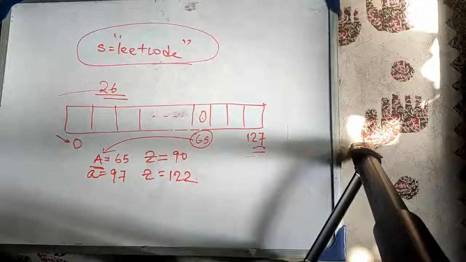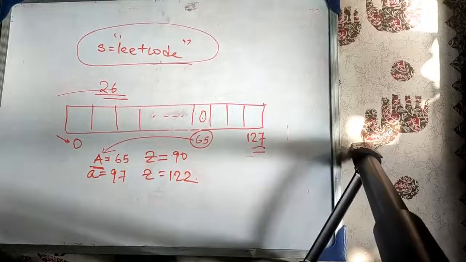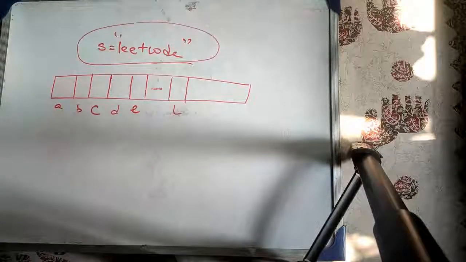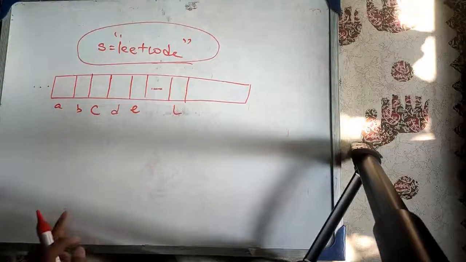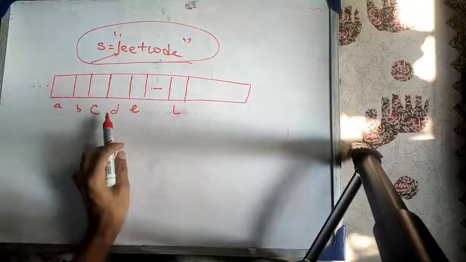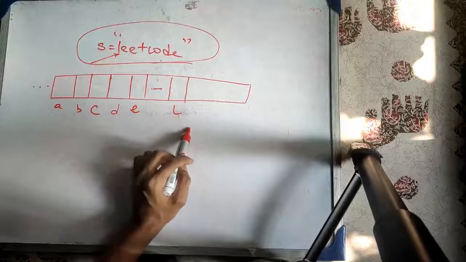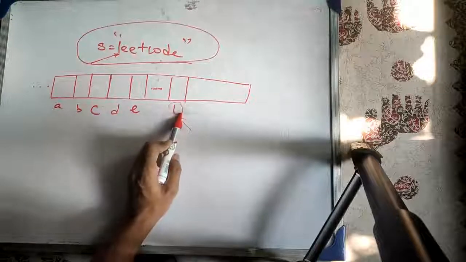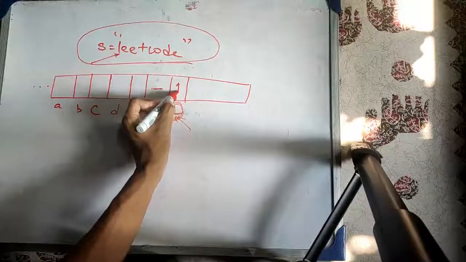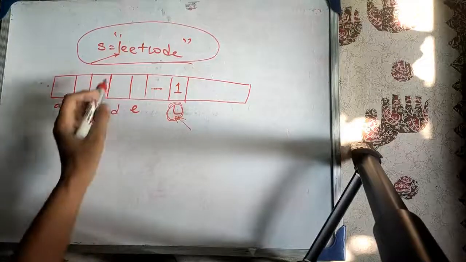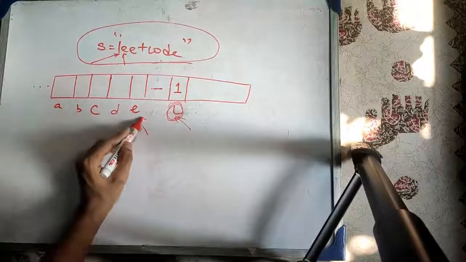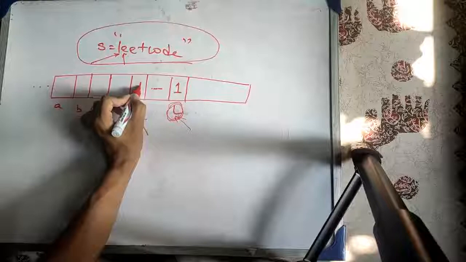Let's go through the solution first and see whether it works or not. Suppose we have a lookup table something like this. Now we will iterate through the string. First we encounter L, so we go to the index which represents the character small l and increase the counter by 1. After that it is E, so we go to the index representing E and increase the counter by 1. Again we encounter E, so we again go to the index representing E and increase the counter by 1.